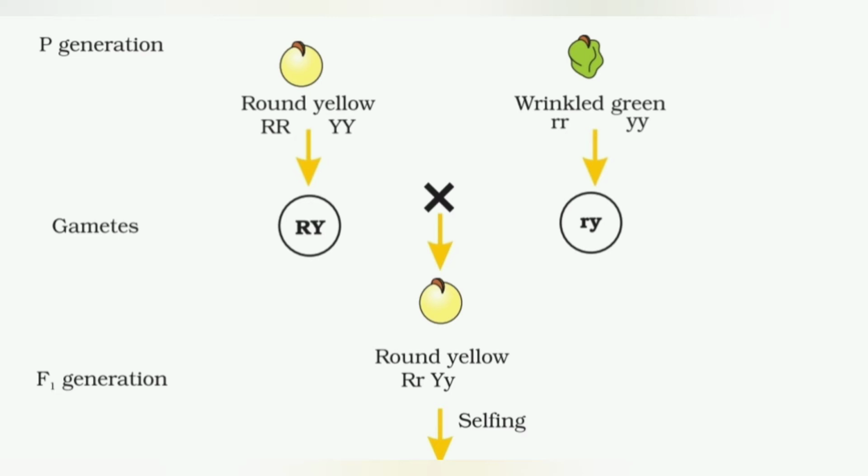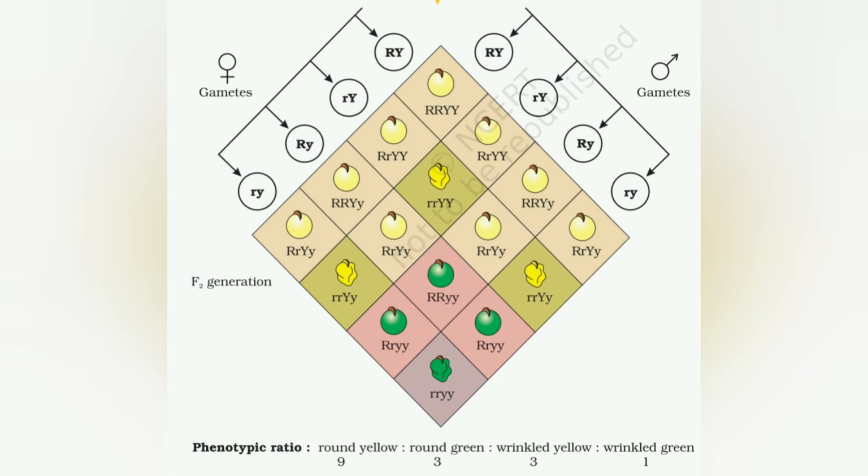Homozygous parents will produce homozygous gametes, and the F1 generation we get is a heterozygous one: capital R small r, capital Y small y. After selfing the F1 generation, we find 4 types of gametes, 4 types of pollen, and 4 types of eggs. When we arrange them on a Punnett square, then we get 16 progenies.